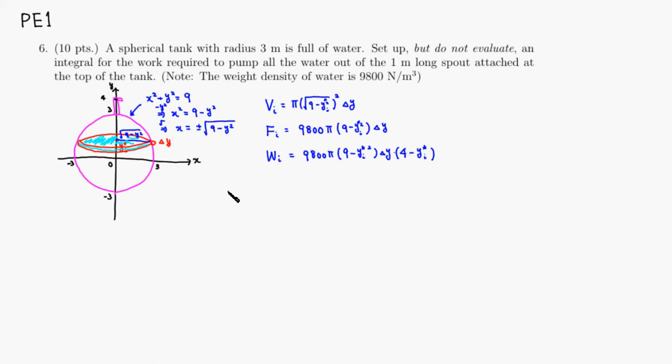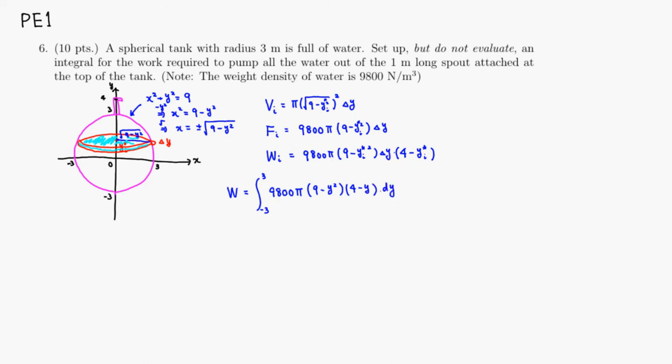The work is the integral where y goes from the bottom, which is -3, to the top, +3, of 9800 pi, which is just a number, and then we strip off the i and star, so you have 9 minus y squared times 4 minus y, and delta y becomes dy.